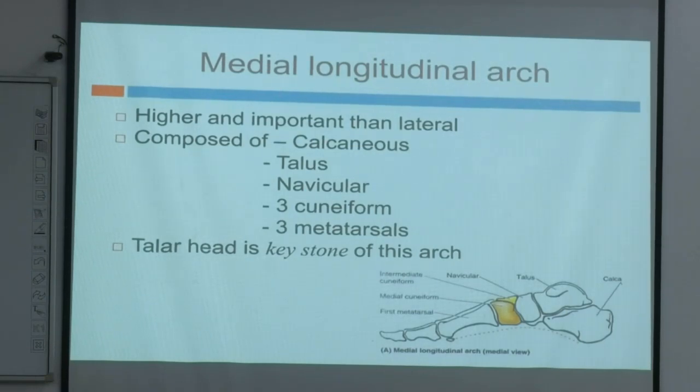Now we will discuss the individual arches. So the medial longitudinal arch, this is viewed from the medial aspect of the foot. This arch is known as the medial longitudinal arch, it is higher and more important than the lateral longitudinal arch.